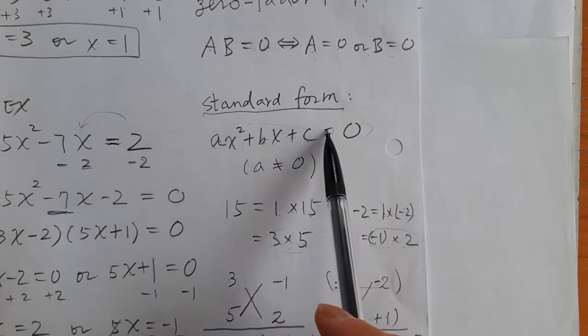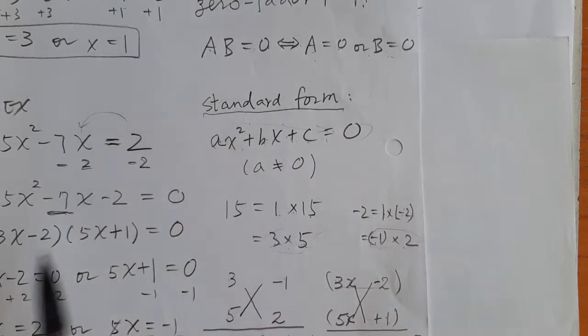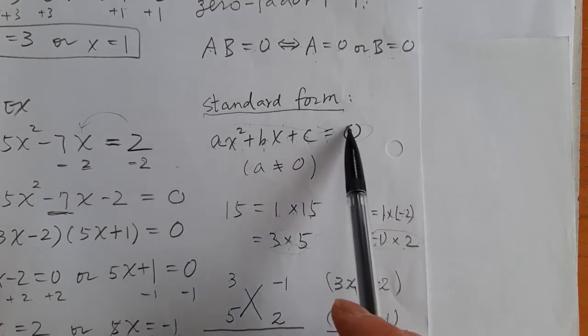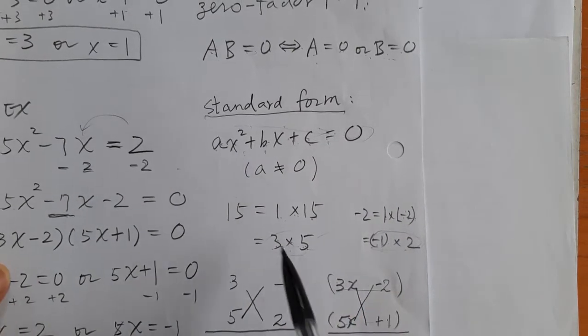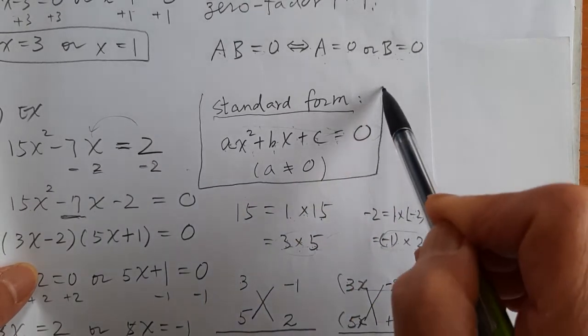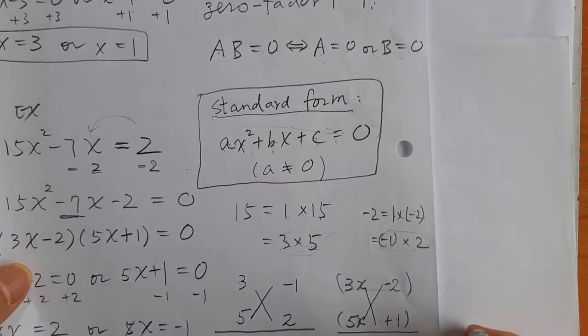Put it in descending order, 2, 1, 0. All three terms on the left side. The right side has to be 0. That's the standard form of a quadratic equation.